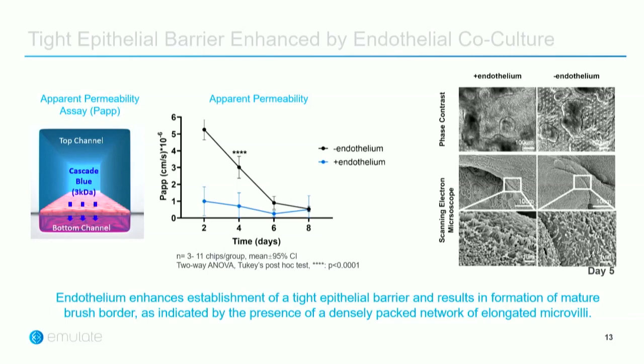But one of the features that this graph is also highlighting is the difference between the black, the epithelium cultured in the absence of endothelium, and the blue, which shows that the endothelium really stimulates rapid differentiation of this model. So there's a real codependence, and these cells are really beautifully reflecting the physiologic function as well as morphology, such as the microvilli that you're seeing on the right.